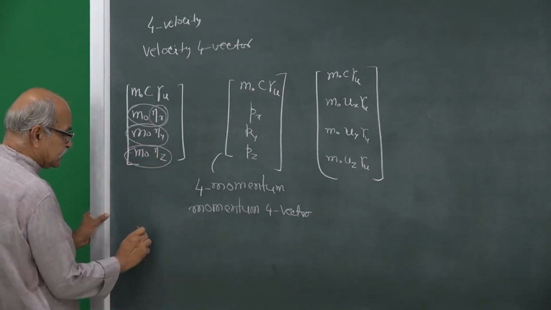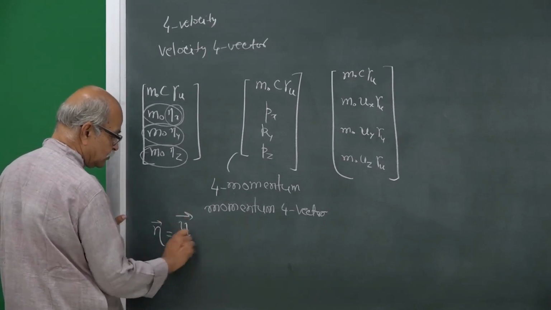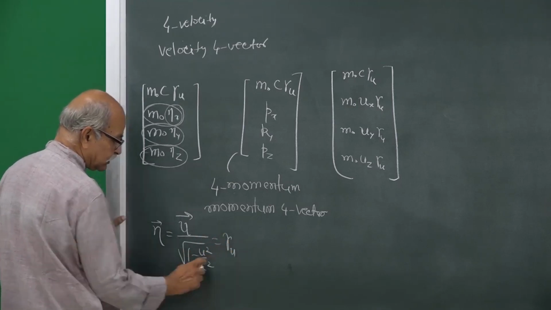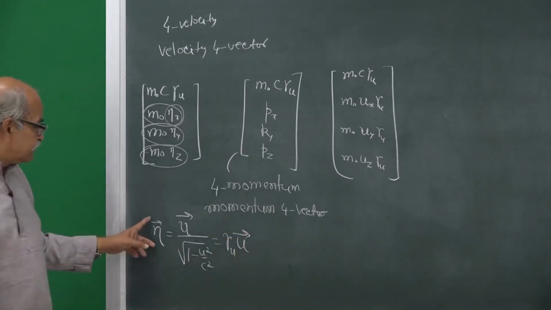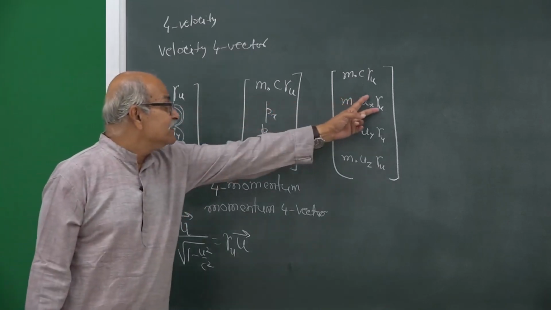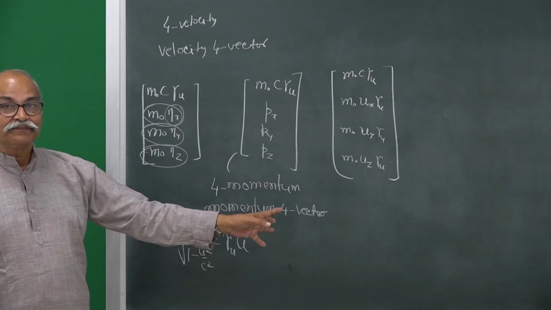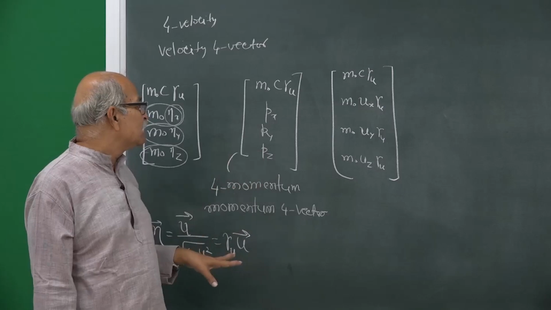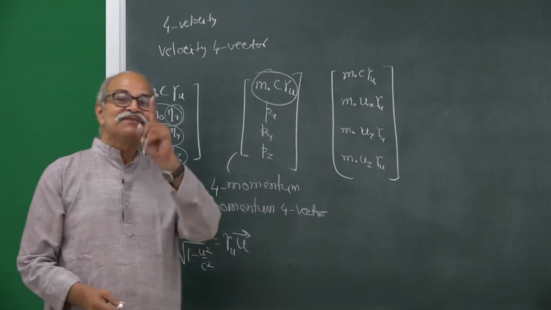Remember eta and velocity are related by: if it is u, then u divided by square root of 1 minus u square by c square is gamma u times the velocity u. So, that is how we have defined proper velocity. If you write this proper velocity in terms of ordinary velocity, then it comes like this. So, this is our 4 momentum vector. These 3 quantities you know, px, py, pz, these are the momentum components. What is this quantity? That we will talk about in the next lecture.